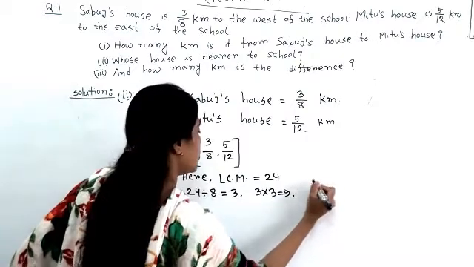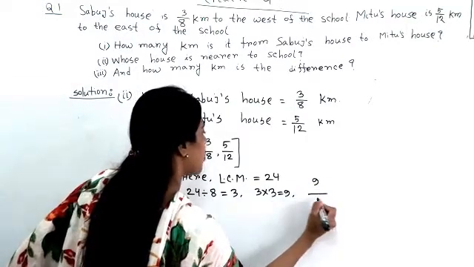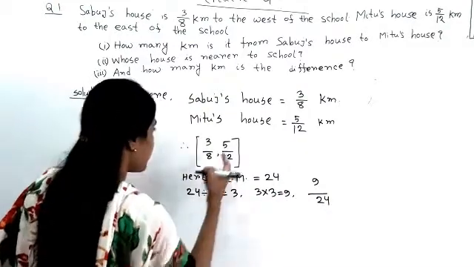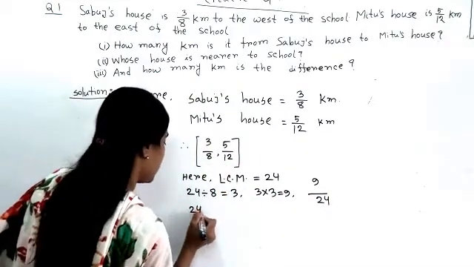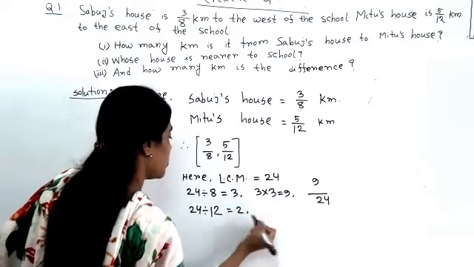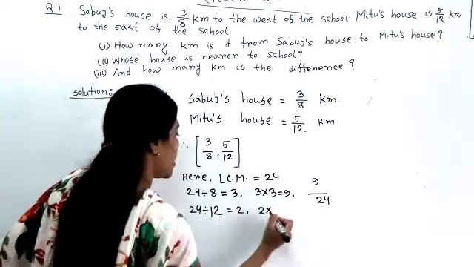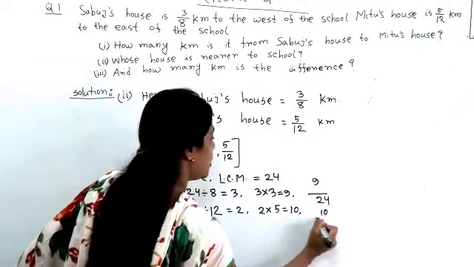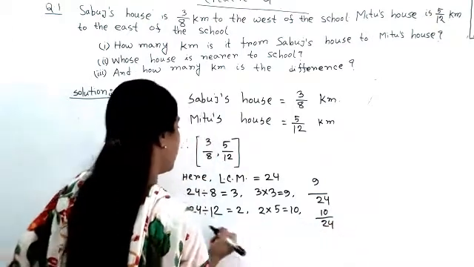So now the converted fraction is 9 divided by 24. For the second fraction, this 2 is multiplied by 5 is 10. Now 10 divided by 24.